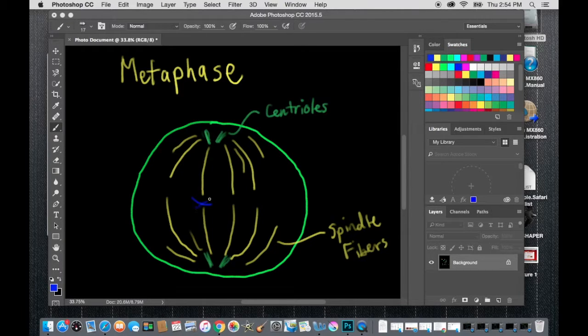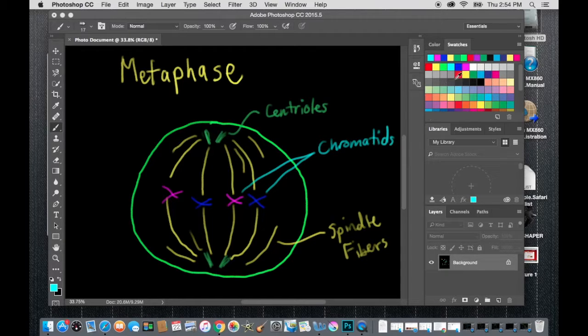And one chromatid was from the original, and one chromatid is for the daughter cell that will exist later. So here they're chromatids, and eventually these chromosomes will be split, and the splitting will make the two chromatids.